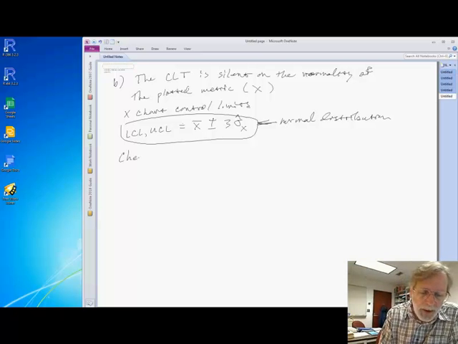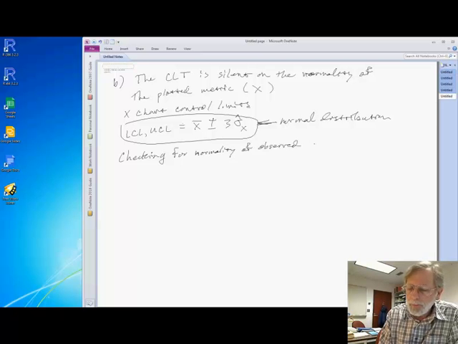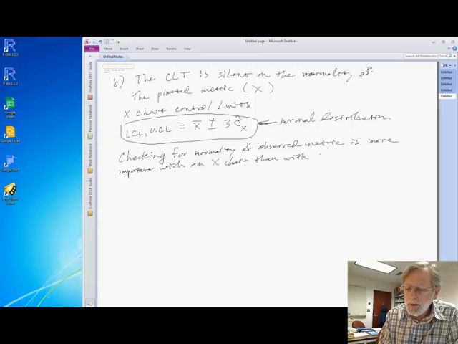So checking for normality is super important. The observed metric is more important with an X chart than with an X bar chart.